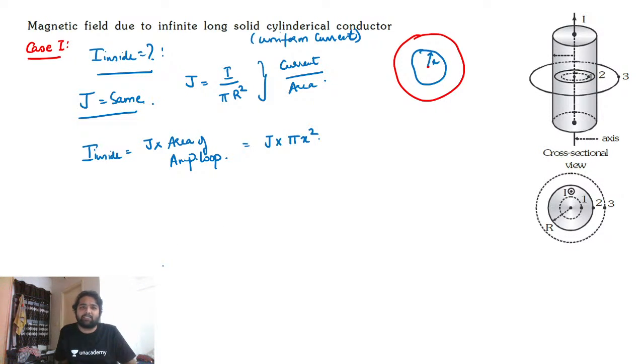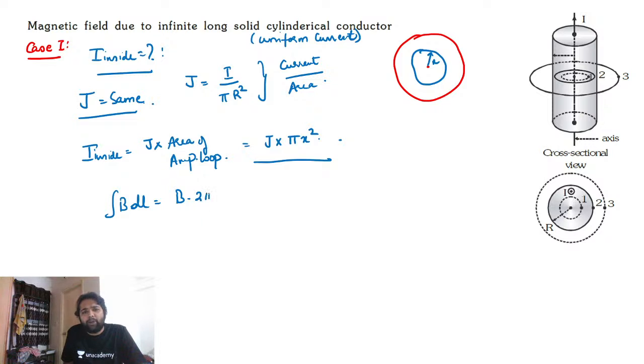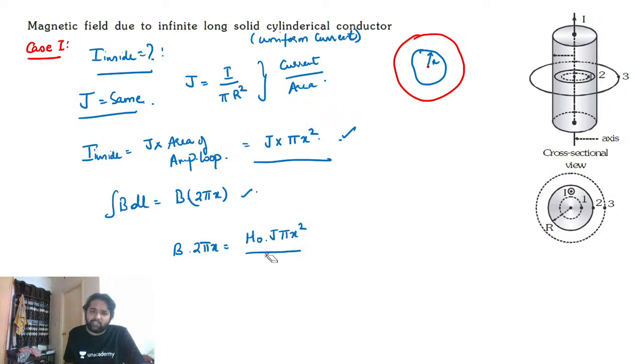Awesome sauce. So now we'll apply this. Integration of B dl will be equal to B into 2 pi x, and this is the current flowing inside. So B into 2 pi x will be equal to mu naught into J into pi x square, and what is J? I by pi r square.